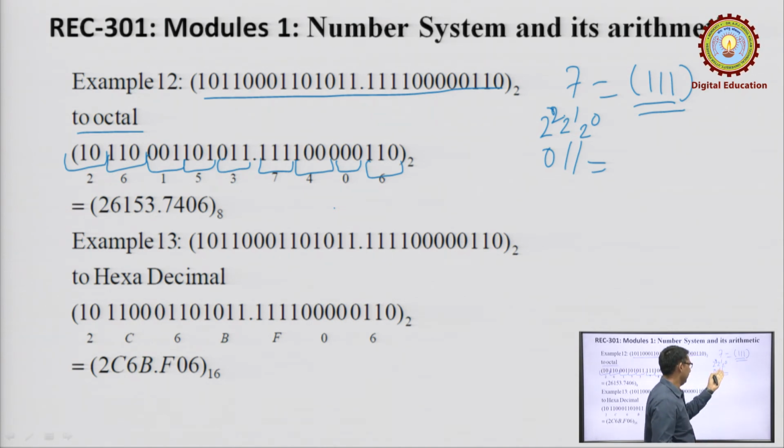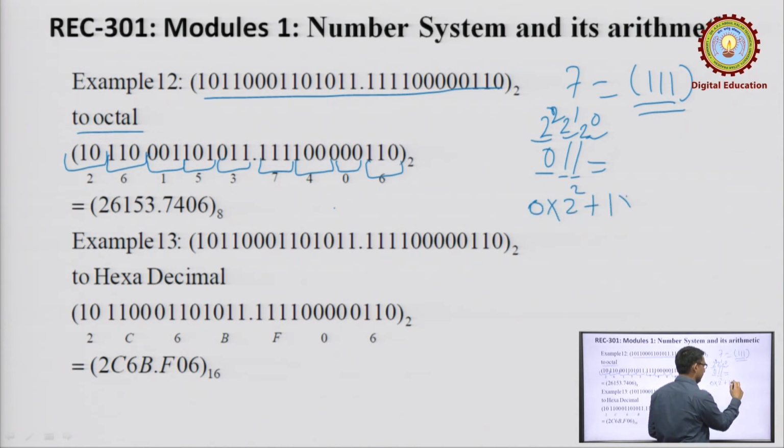So, from here if you want to convert it, these are the coefficients and these are the place values. So, 0 into 2 to the power 2 plus 1 into 2 to the power 1 plus 1 into 2 to the power 0.